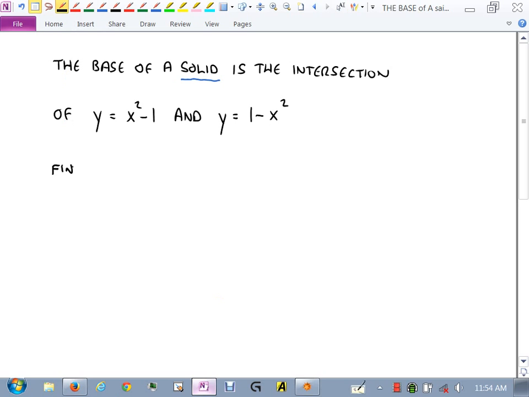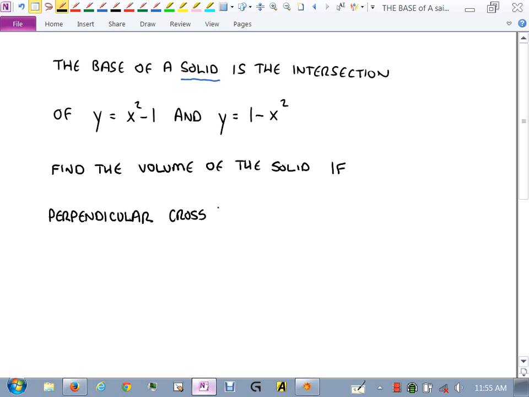Find the volume of the solid if perpendicular cross sections are squares.